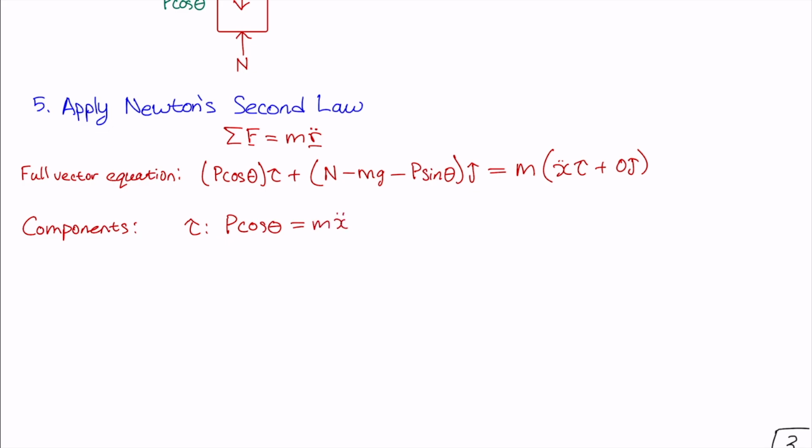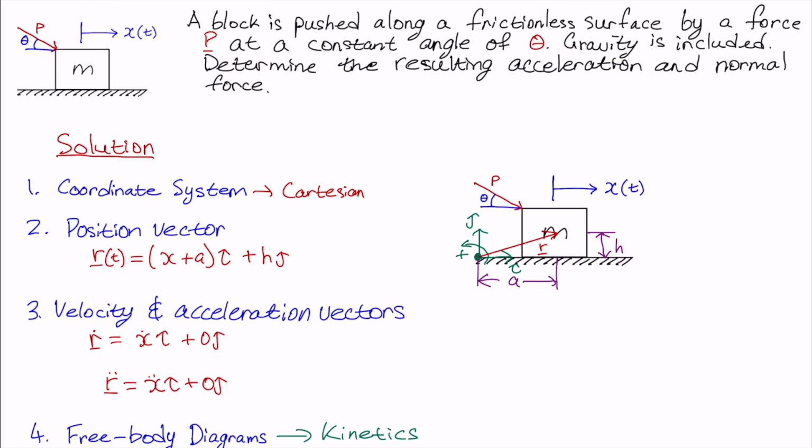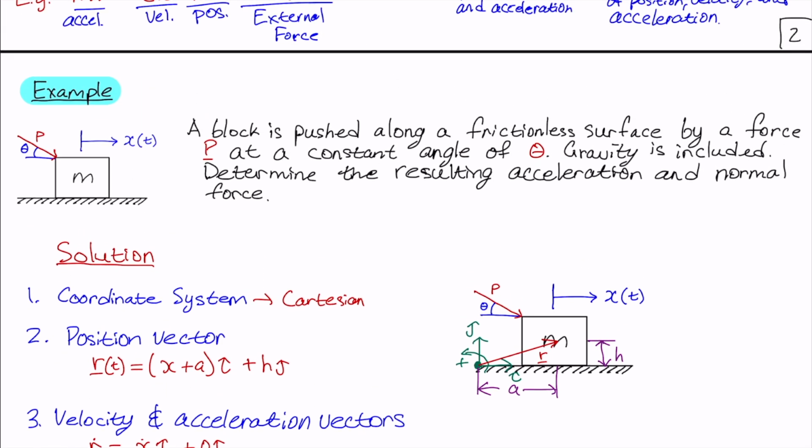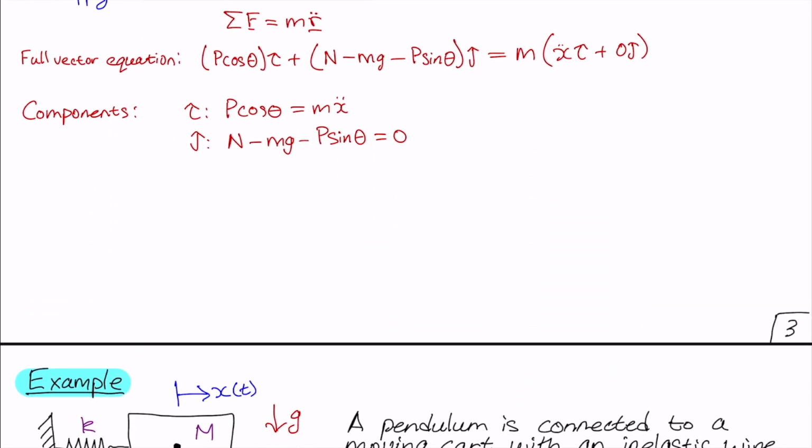In the J direction, we will get that N minus mg minus P sine theta is equal to 0. And then from this, we were asked, let's just go back up to the beginning of the problem. We were asked to find the acceleration and the normal force. So we're going to use the first equation to solve for acceleration, and then we're going to use the second equation to solve for the normal force.